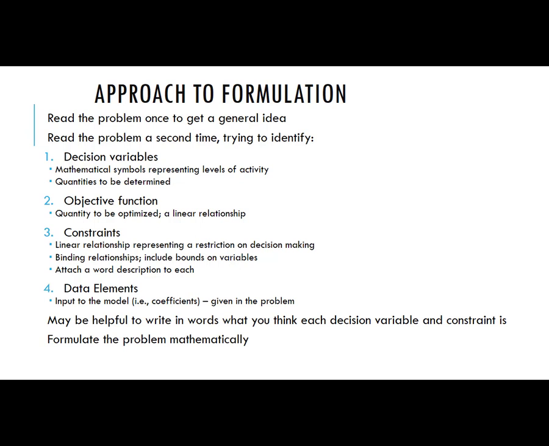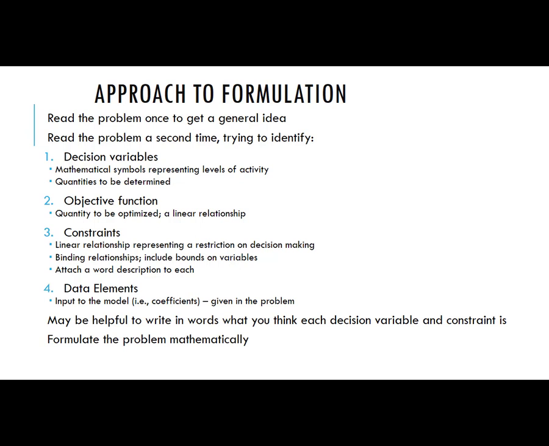So this includes bounds. So we might have lower bounds. So for example, for producing products, we probably cannot produce a negative number, so we would have a lower bound of 0. But we also might have an upper bound where there's some decision from upper level management that says we should not produce more than so many of this particular product.